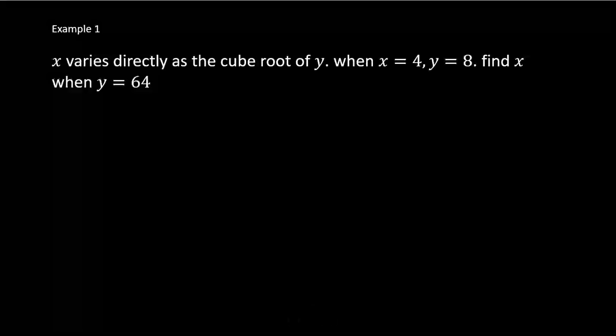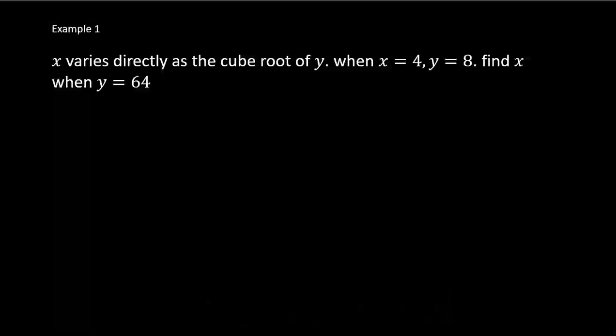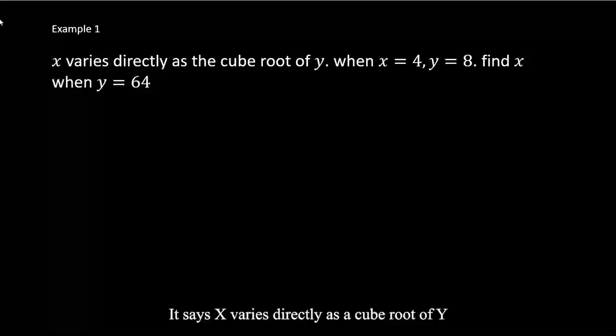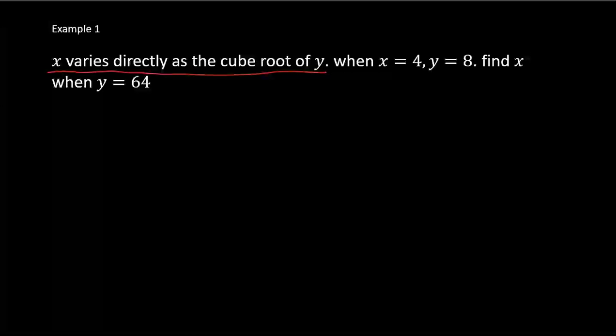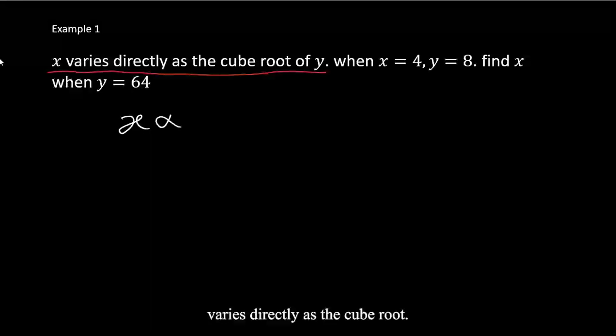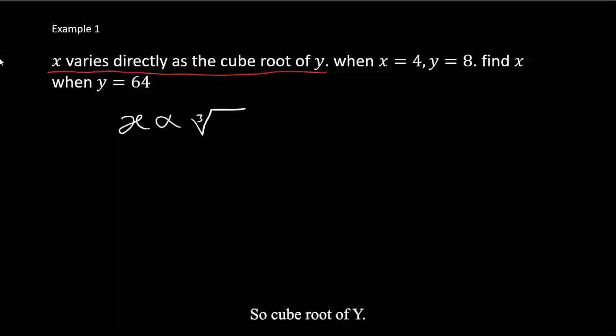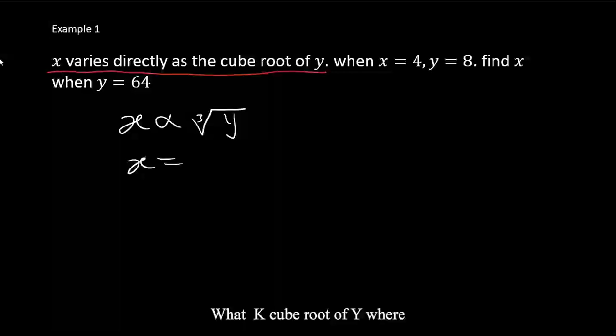All right. Now with this, we are going to take the statement one by one. It says X varies directly as a cube root of Y. With this statement, we are going to have the variation statement that X varies directly as a cube root, so cube root of Y. With this, we are going to have X to be equal to what?